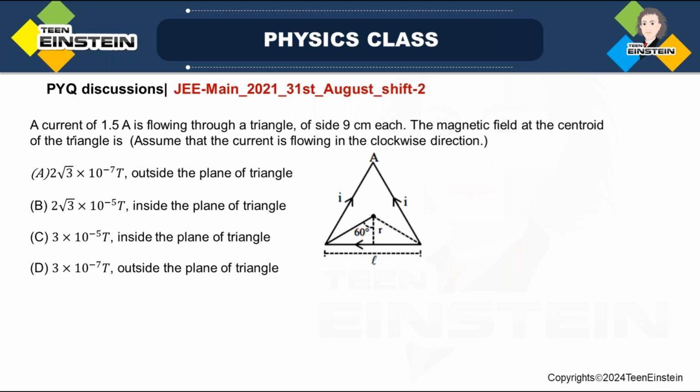The question says: a current of 1.5 ampere is flowing through a triangle of side 9 centimeter each. So these are all 9 centimeter. That means it is an equilateral triangle. The magnetic field at the centroid of the triangle is... So this figure was not given in the problem.